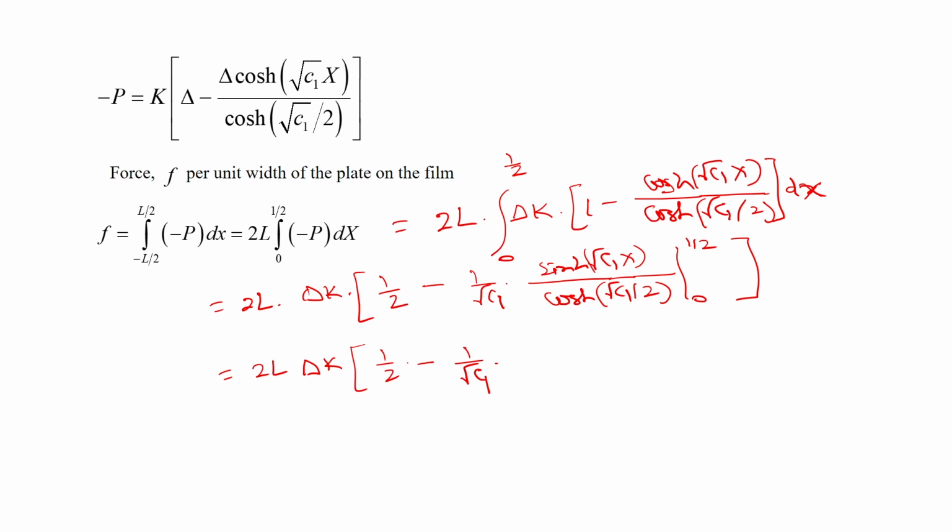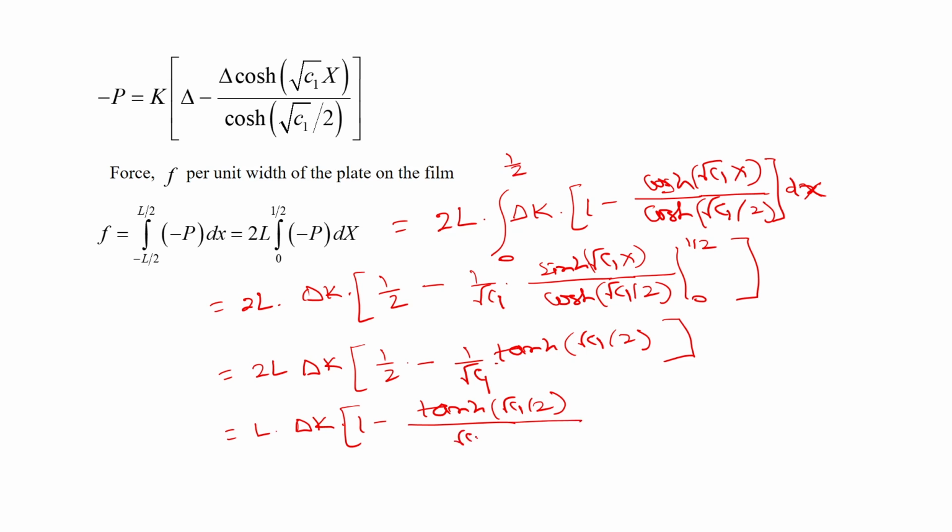So, it will be sine hyperbolic square root of C1 into 1 by 2 by cos hyperbolic square root of C1 by 2, which is tan hyperbolic square root of C1 by 2. Now I can take it outside, so it will be L into delta into k into 1 minus tan hyperbolic square root of C1 by 2 by square root of C1 by 2.